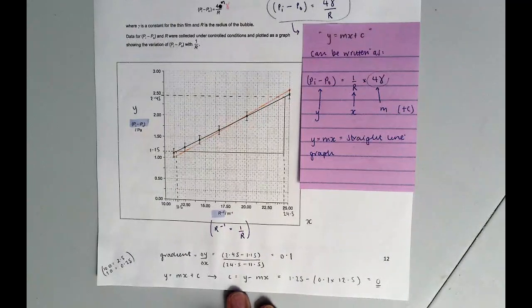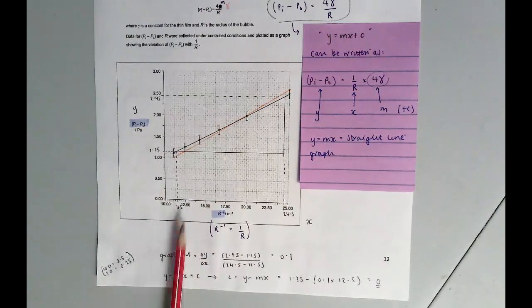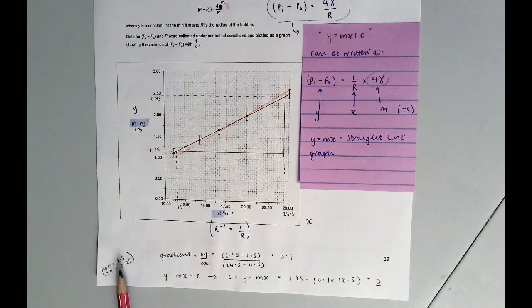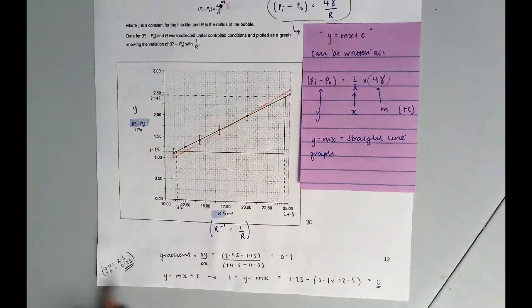So I then also looked at what each square was worth on the grid, because it could be a little bit of a tricky scale here. You can see there's 10 squares between 10 and 12.5, which means that each square is worth 0.25. So just do the little things, don't be lazy, and it should help you count a lot better.